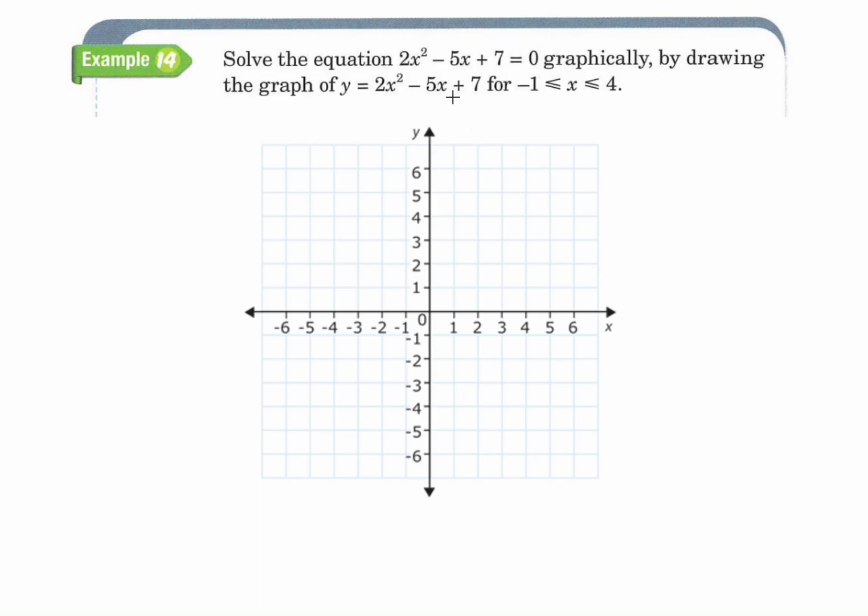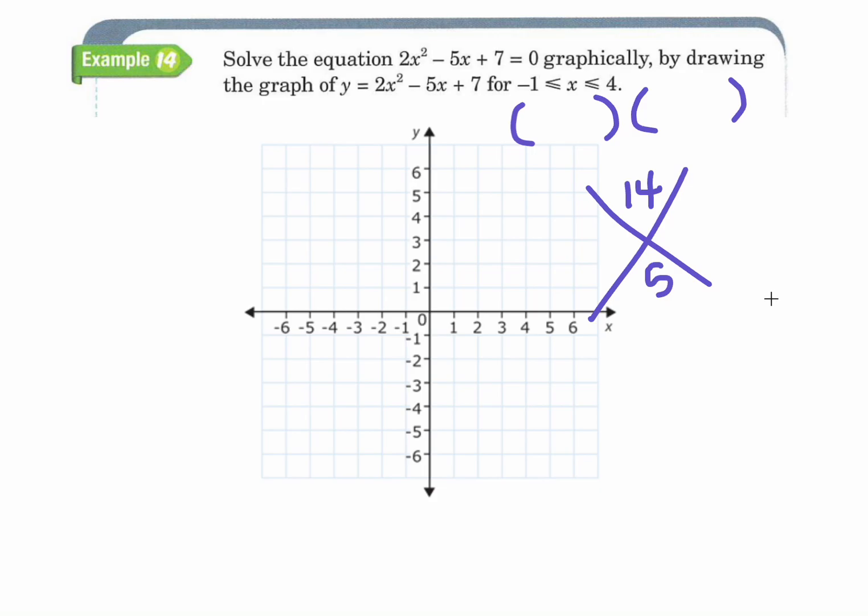Okay, so let's see. Can we figure out some binomials that this will break up into? Let's see. I'm looking for something that will multiply to get to 14, but will add to get to the 5.